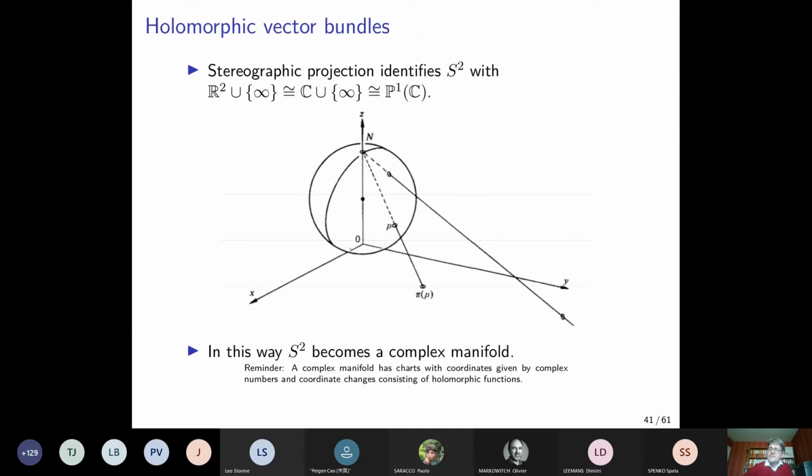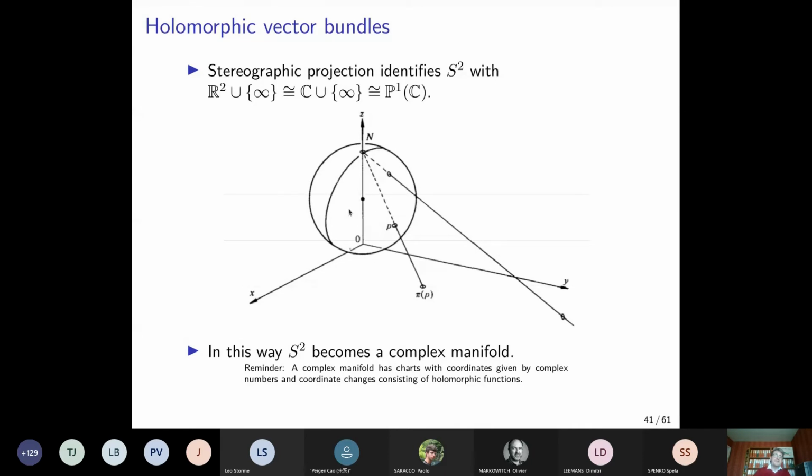Now, up to now, we have been treating the two-dimensional sphere as a real manifold. This is the easiest, but it turns out that it's actually also a complex manifold. It has a complex structure, and one can say this in several different ways. You can use stereographic projection to project it on the plane, and then identify the plane with the complex numbers.